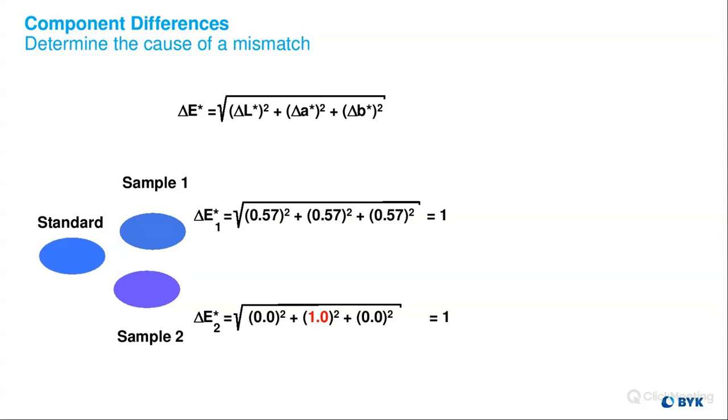But in this example, on sample 2, all of my color variation is coming from my A value, my red-green value, and it's all positive A. So if I look at sample 1 and sample 2 versus the standard, you see that even though I'm getting a delta E of 1, my sample is quite different from my standard and would be unacceptable visually.